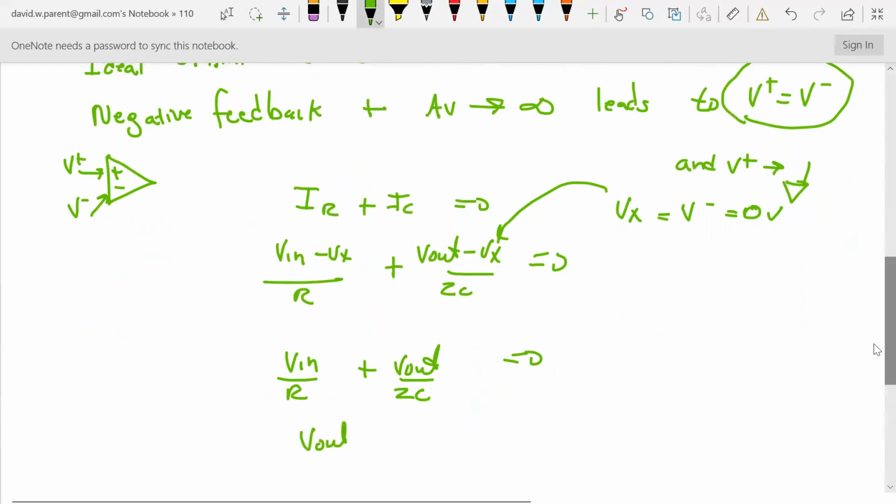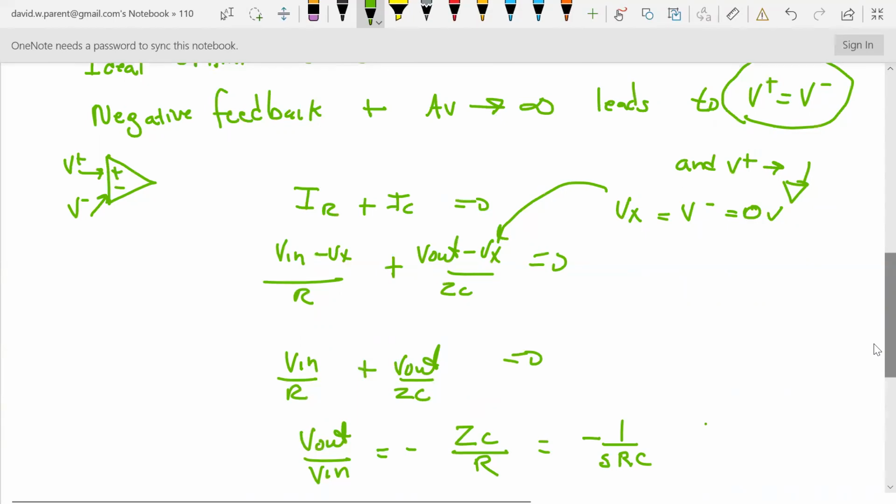Rearrange, let's just do the transfer function. Vout over Vin equals minus, yeah, I just got to make sure I don't mess it up, right? Minus ZC over R, which is minus 1 over SRC, which, you take the inverse Laplace of that and you get the integrator, okay?